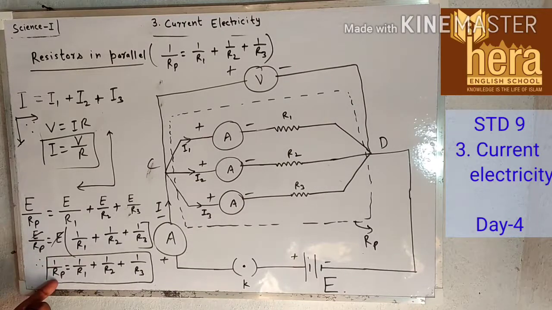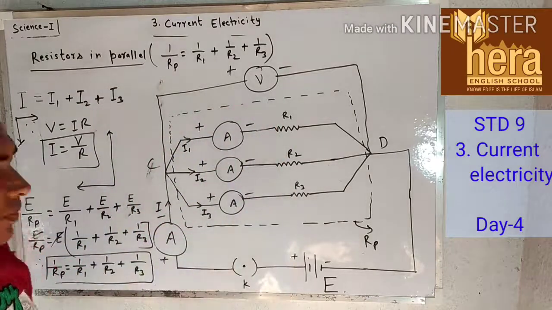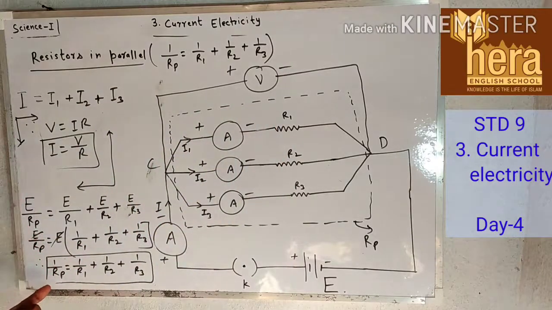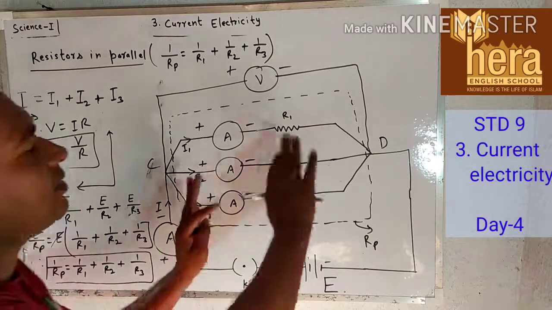If resistors are connected in parallel, then you have to use 1 upon Rp. Rp is the effective resistance, or total resistance, of resistors connected in parallel. 1 upon Rp is equal to 1 upon R1 plus 1 upon R2 plus 1 upon R3. This is for 3 resistors.